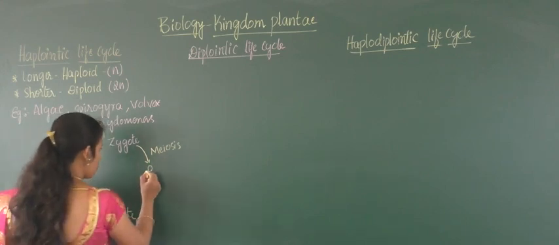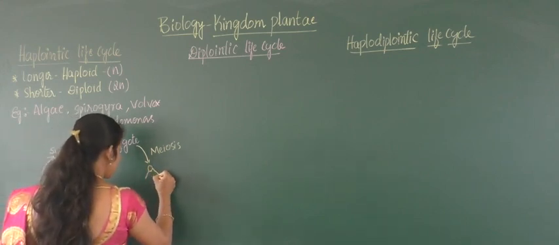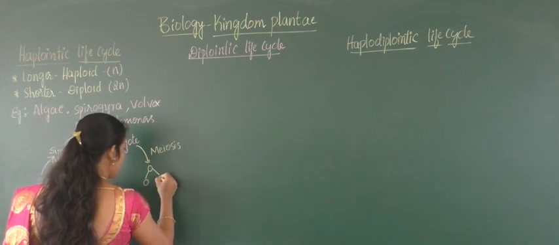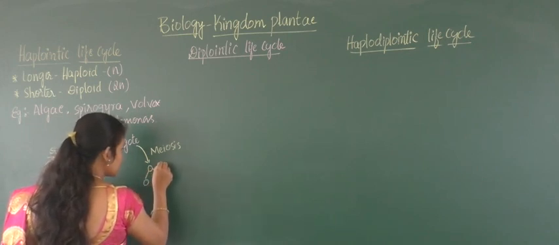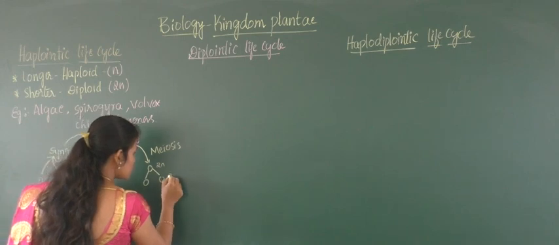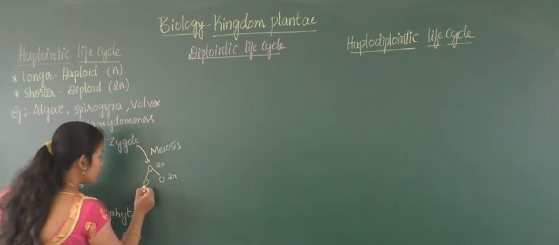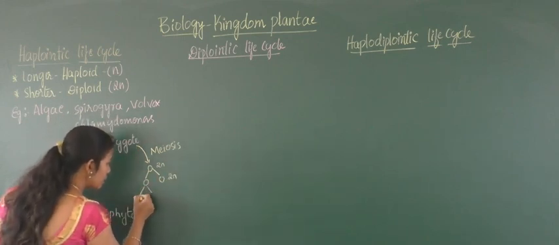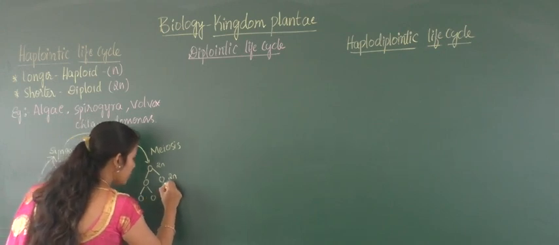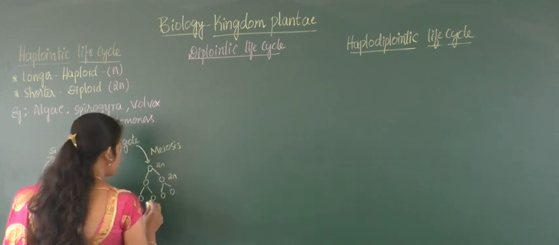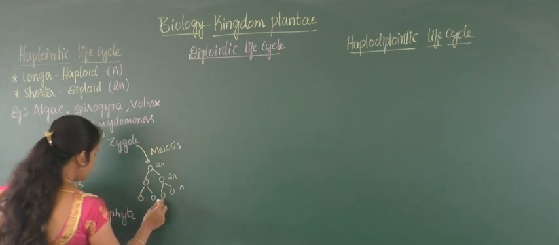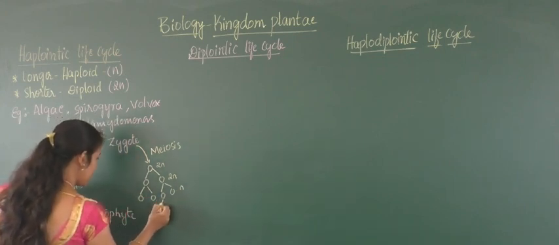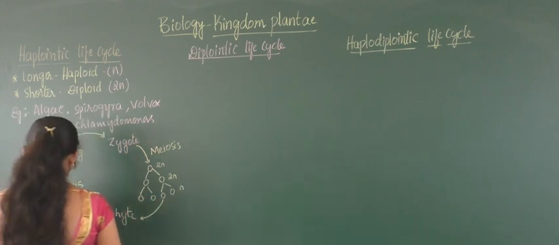Here, the zygote is 2n, and after the reductional division the spores will be in the n condition. Later these again develop into a new plant body.